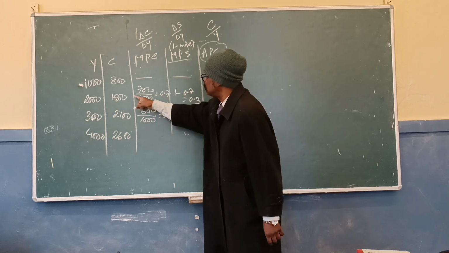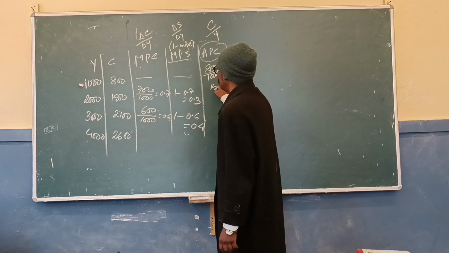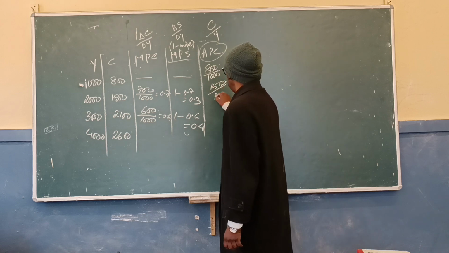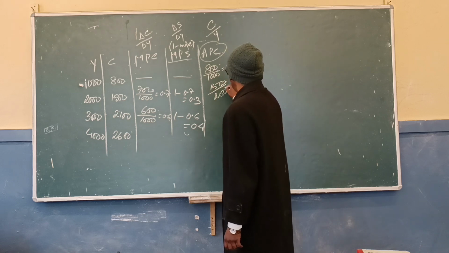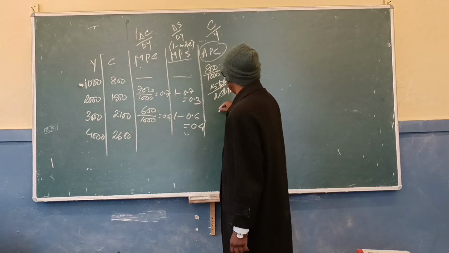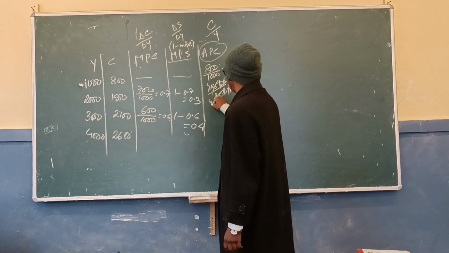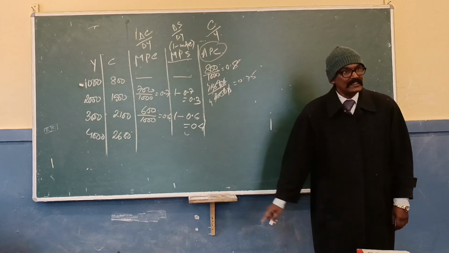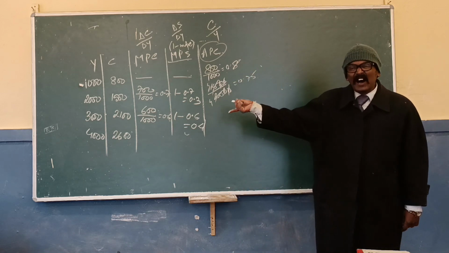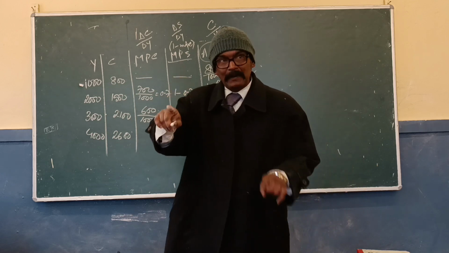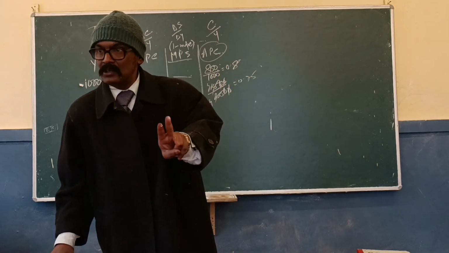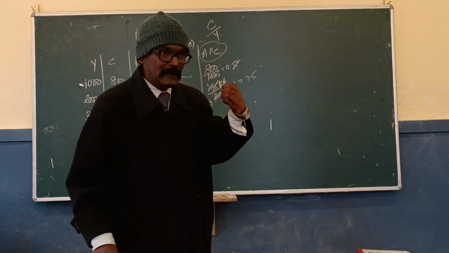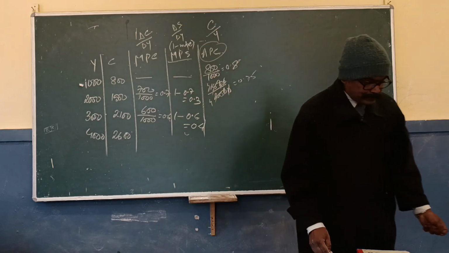Next one, 1500 divided by 2000, that is 0.75. Then after that, 3 by 4, that is 0.75. Is it okay? This is another type of sum which you can get either in your first part, that is 1 mark, or maybe in your 2 marks. Is it okay? Simple things, easy to score.